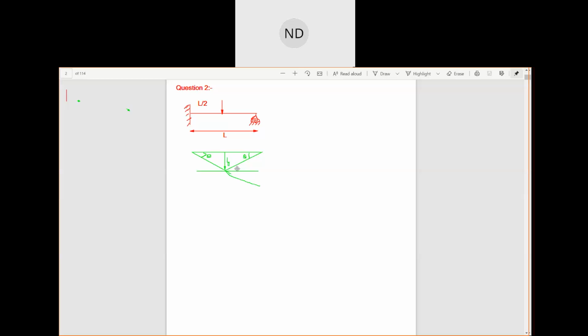Here, this will be theta. This will also be theta. Right.